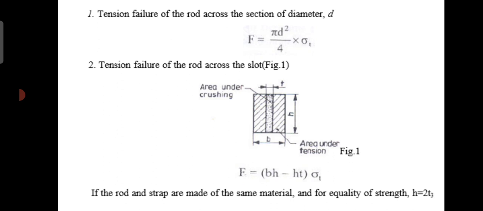Then tension failure of the rod across the slot: F equal to (BH minus Bt) into sigma t, with B, H and t as shown in the figure. If the rod and strap are made of the same material, for equality of strength H equal to 2 t3.